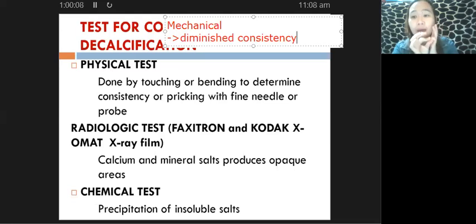When you bend or touch your tissue sample, the components there might be distorted. There is a high probability that you will be distorting some of the tissue components present in your sample. Another is the use of pricking.